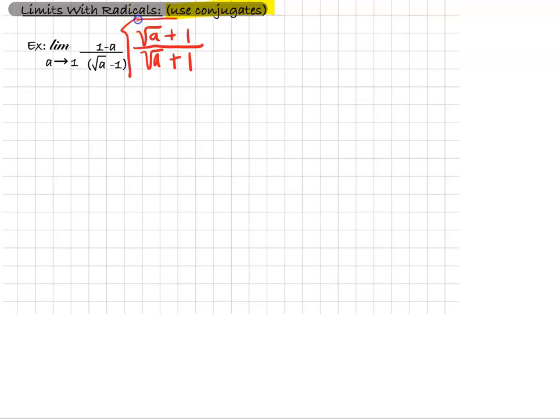The reason I want to do this is when I multiply out that denominator, it's going to cancel out my radical. When you multiply out that binomial times binomial, your middle terms are going to cancel, your square root's going to cancel, and we're going to get a denominator that's not 0.